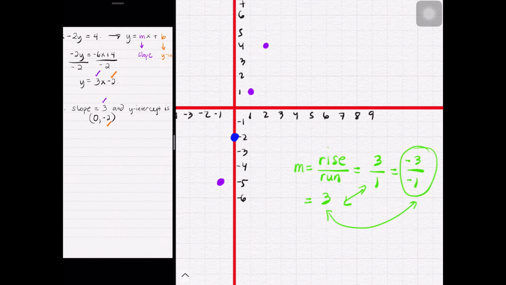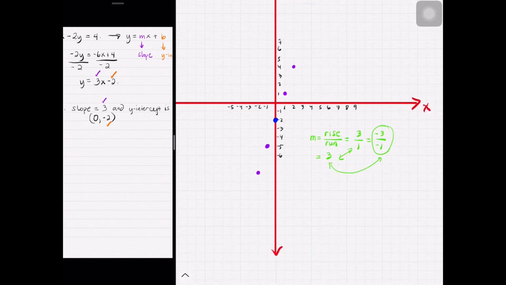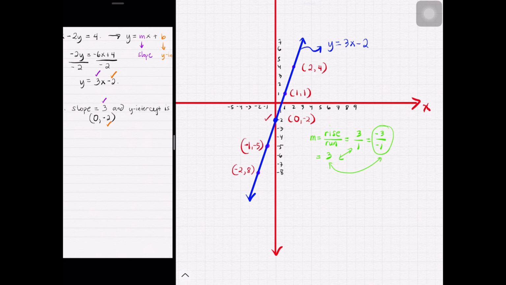So let's continue. 3 units downwards, then 1 unit to the left. So let's label the points that we have here so that it's easier for us to verify its correctness later.